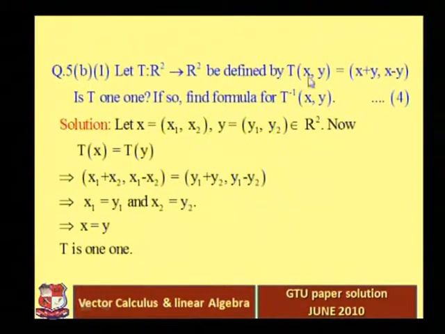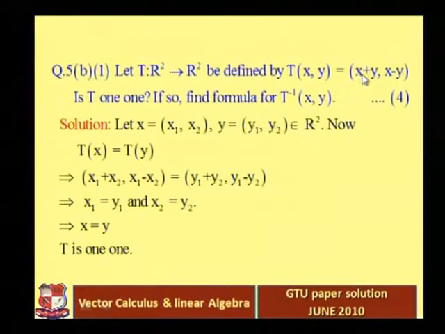Now using the definition, x is (x1, x2) and y is (y1, y2), so T of x is equal to (x1 plus x2, x1 minus x2), right, because instead of x and y we have x1 and x2.